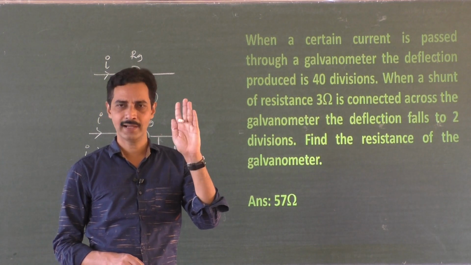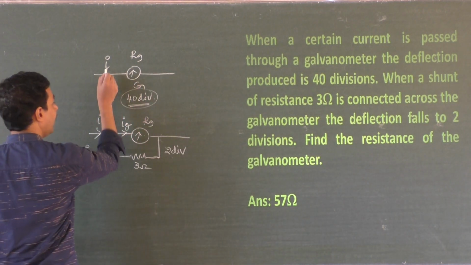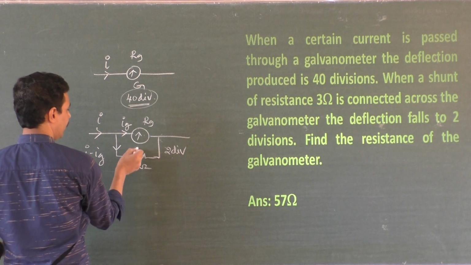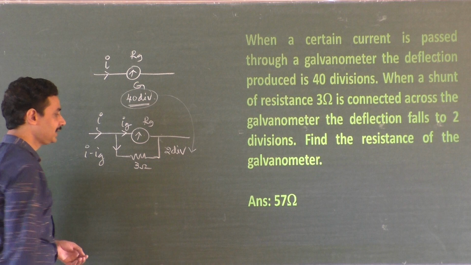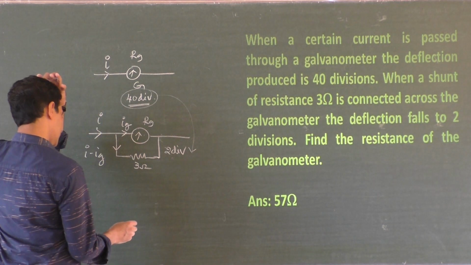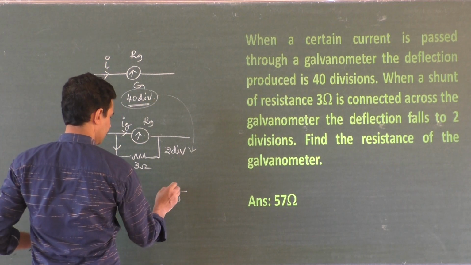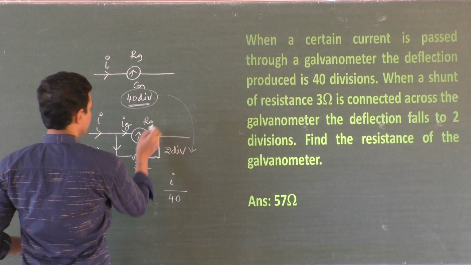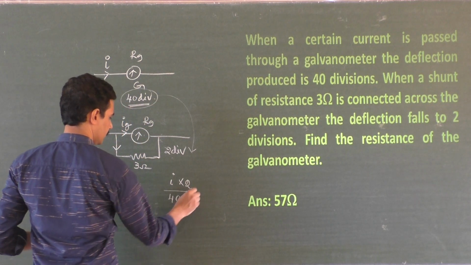So since current controls the deflection, more the current, more deflection. So when I have I, deflection is 40. When I have Ig, deflection is 2 divisions. What is this drop? 20 times it has dropped, right? So 40 divisions were produced by I. 2 divisions were produced by what?